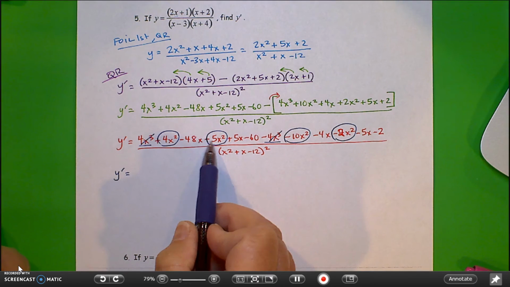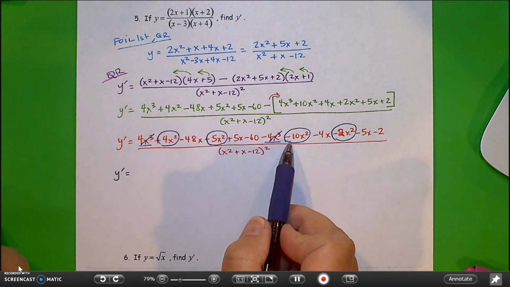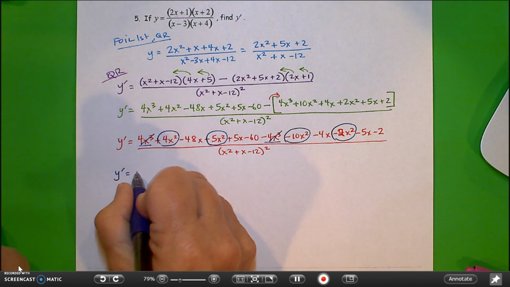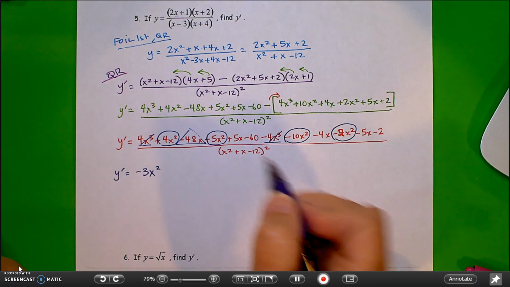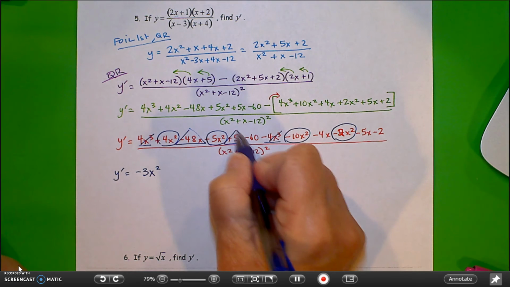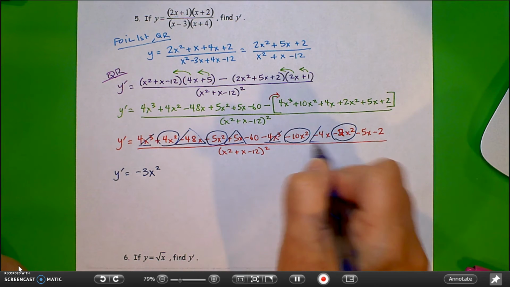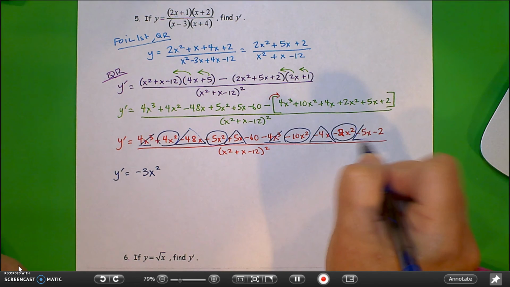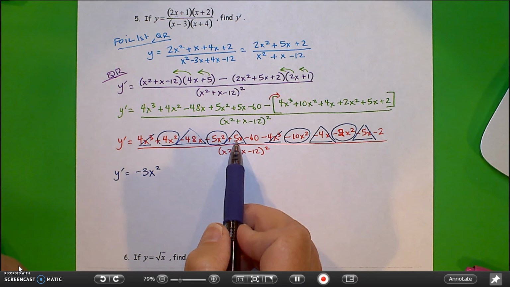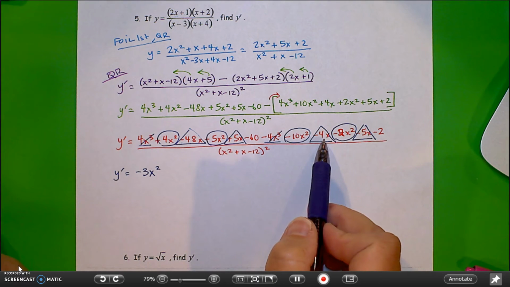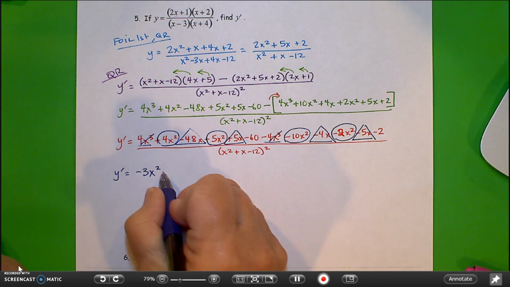So this is 4 and 5, 9, minus 10, minus 1, minus 3x squared. Okay, how about just my x's? Minus 48x plus 5x minus 4x minus 5x. Let's see what I have all together. Minus 48 plus 5, that's minus 43, minus 47, minus 52x.